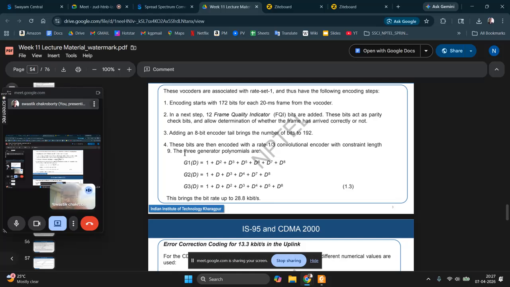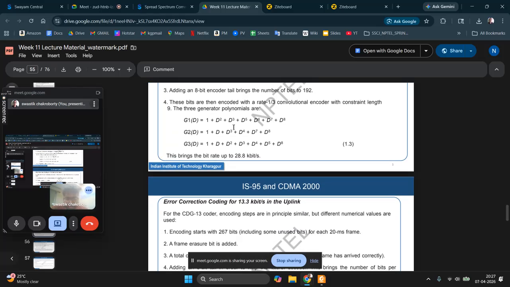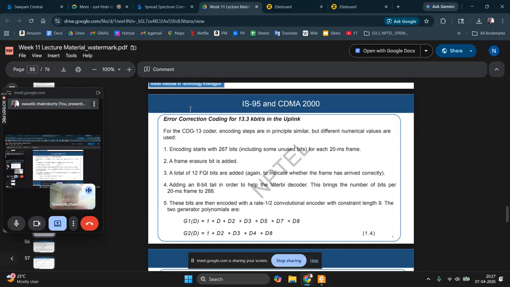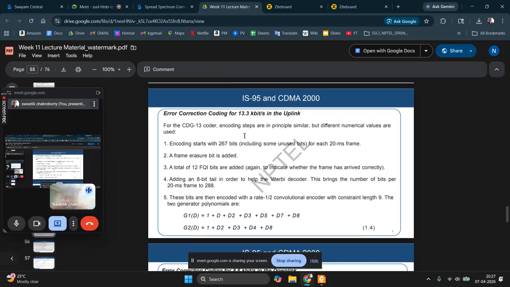These bits are then encoded with a rate 1/3 convolutional encoder with constraint length 9, with three generator polynomials. Next, for the CDG13 encoder, for 13.3 kbps in the uplink, the encoding steps are in principle similar but with different numerical values.